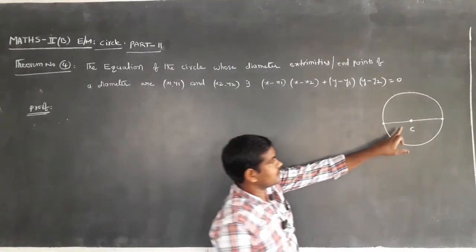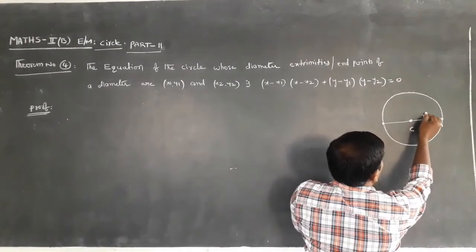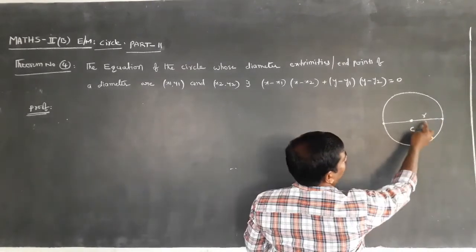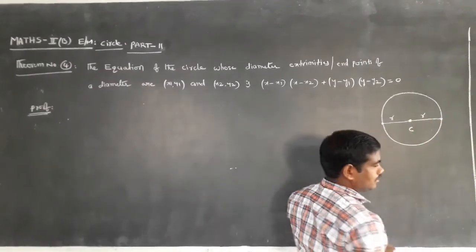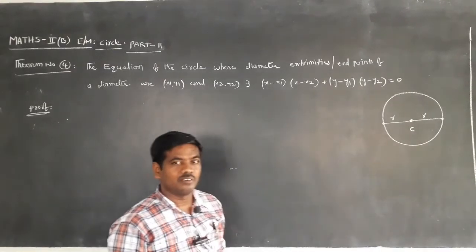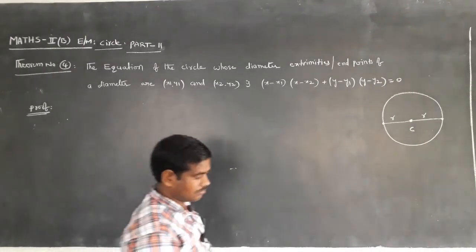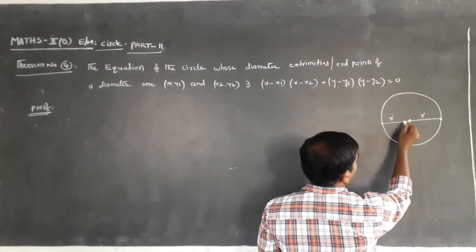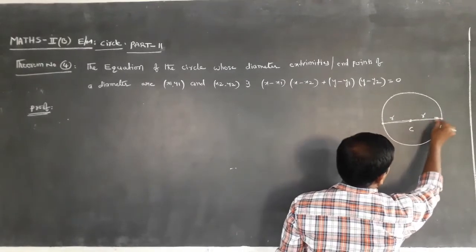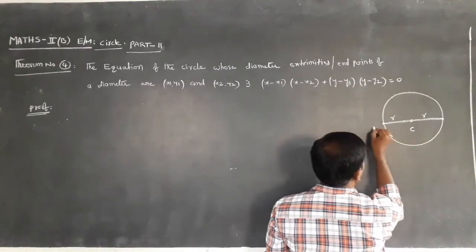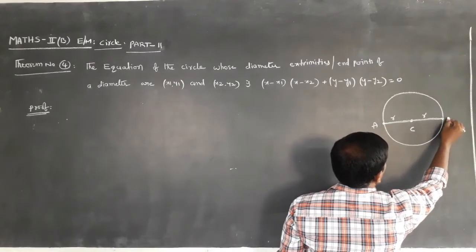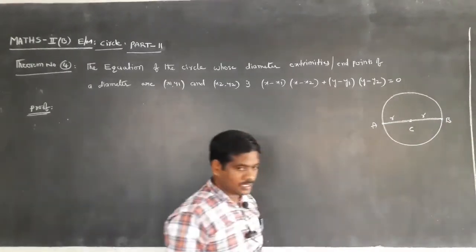This is the center. This is the radius of the circle. Twice the radius is called the diameter. AB is the diameter of the circle.